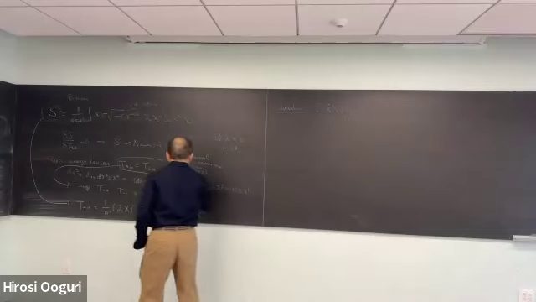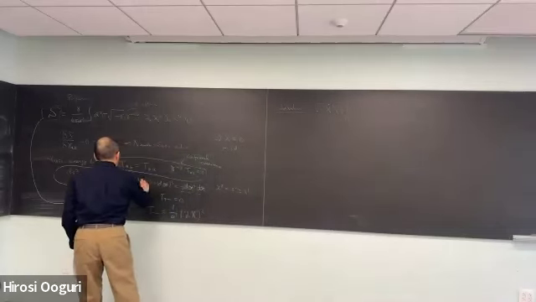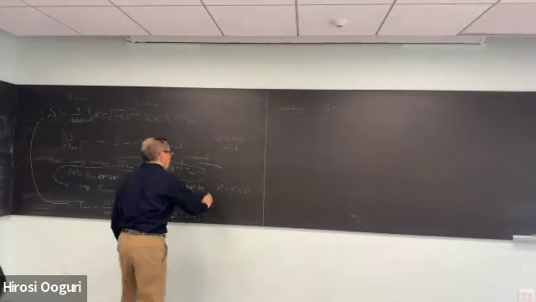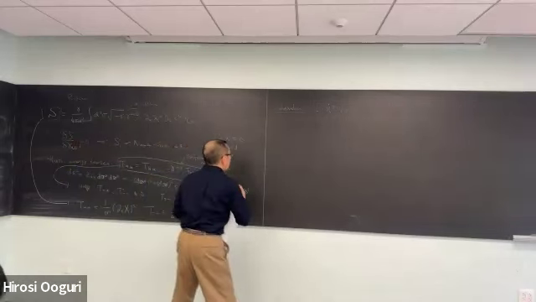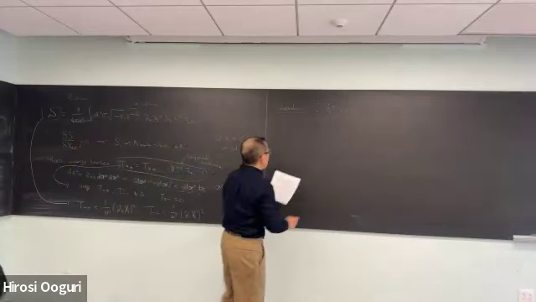I was using sigma for the coordinate, so I apologize for the change of notation: sigma for the 2-dimensional coordinate. I'm sorry for my handwriting. So this is equal to 2 pi alpha prime i eta^{μν} delta(sigma^1 - sigma^1 prime). Okay, so this is very simple.